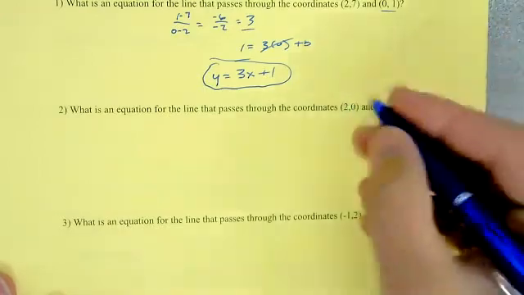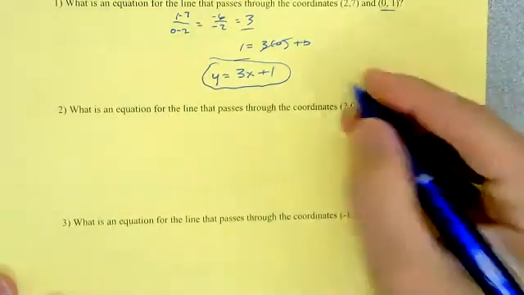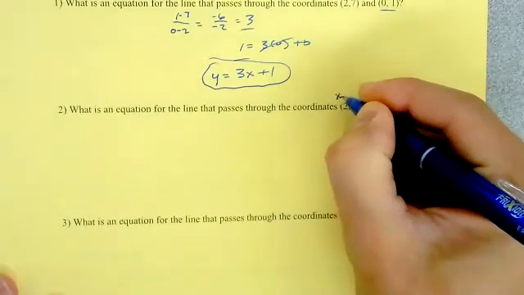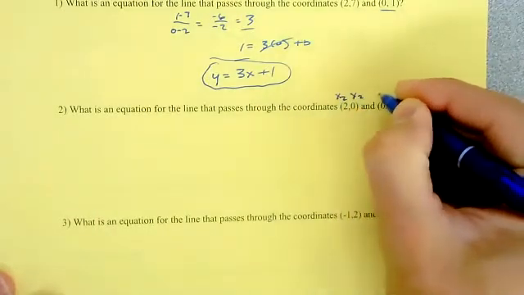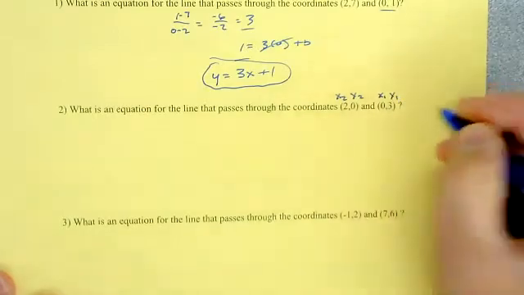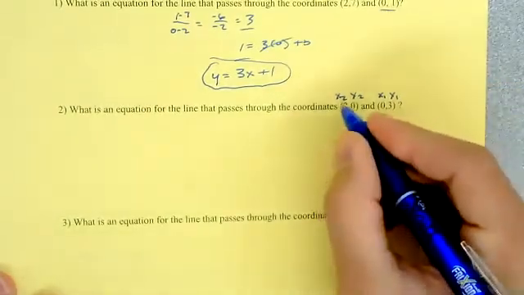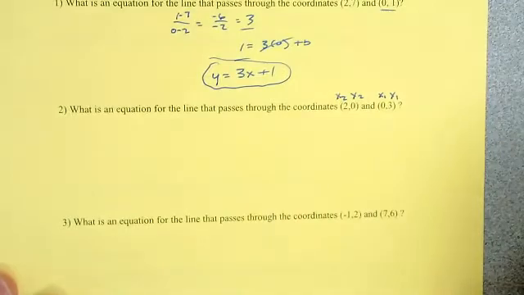Okay. Doesn't matter if I wanted to call this one x2 and y2, and then x1 and y1. Again, it doesn't really matter as long as the 2's are together and the 1's are together.